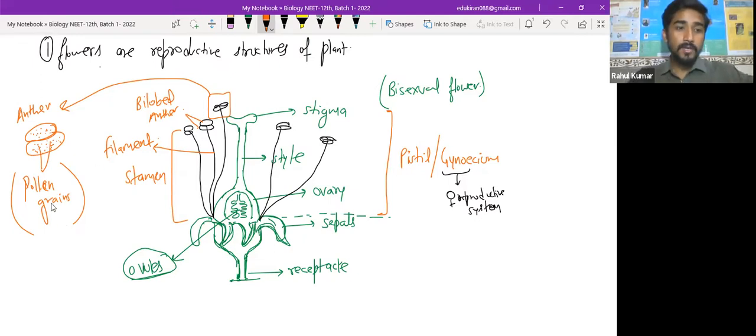In anther also there are pollen grains, and pollen grains can have varied number of structures, but if you see a normal common pollen grain, the most standard, then it has spiny structures at the top with some holes present, inside which there is a cell.